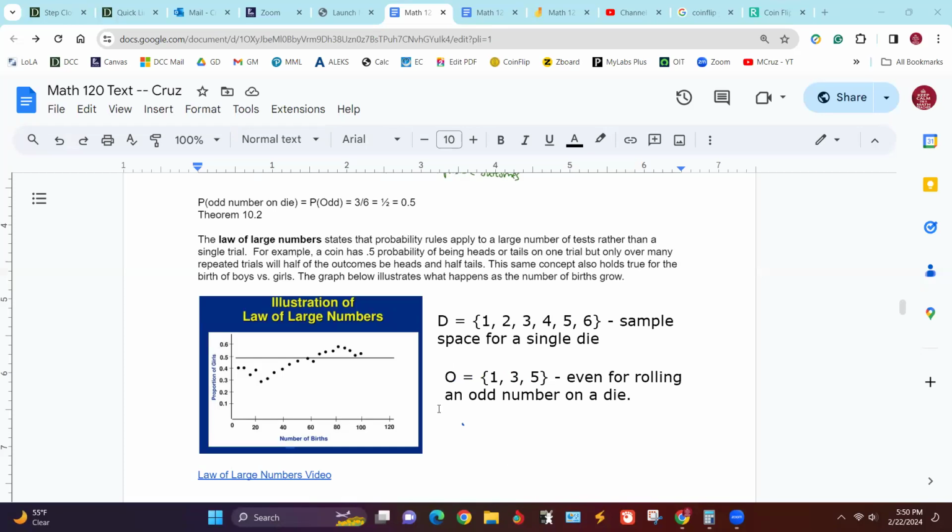So then what we're going to have is, and I'm going to have to write it out because it can't do fractions with text too well, the probability of odd.